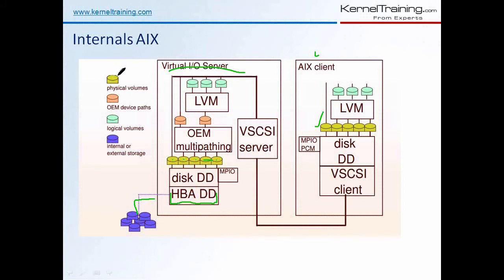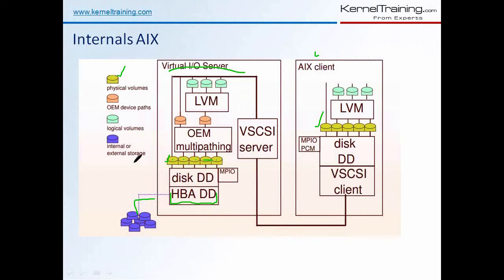See, this is the physical volume appearing on my AIX client side, and it is a physical volume appearing on my virtual IO side. This is bringing these LUNs or these disks. This is the hdisk device path. This is the path I am getting from the multipathing. This is the logical volume I am creating on top of the volume group, and this is internal or external storage.